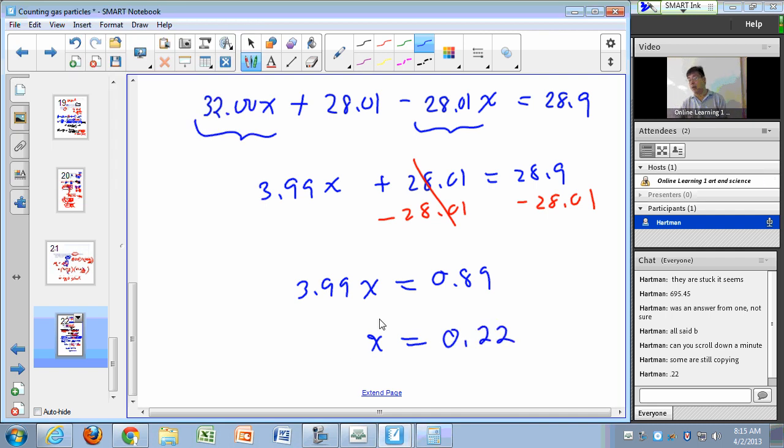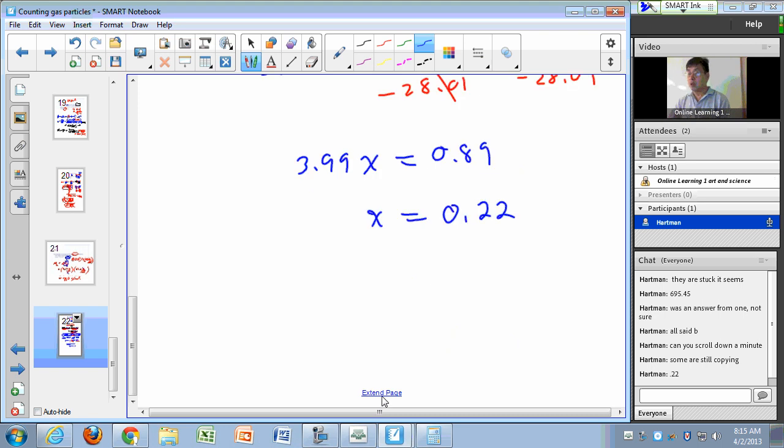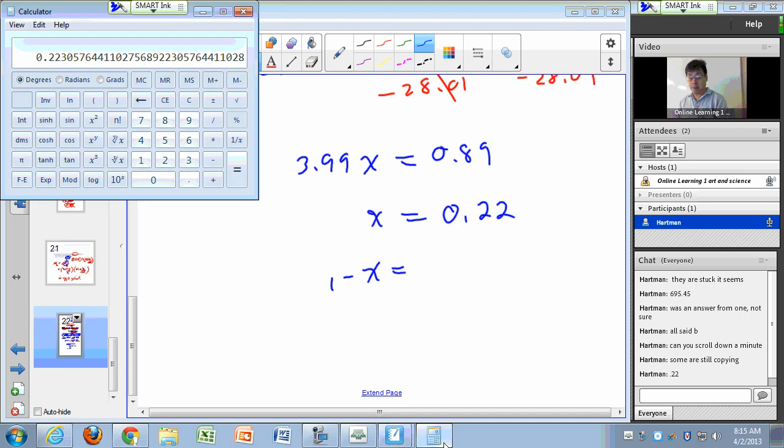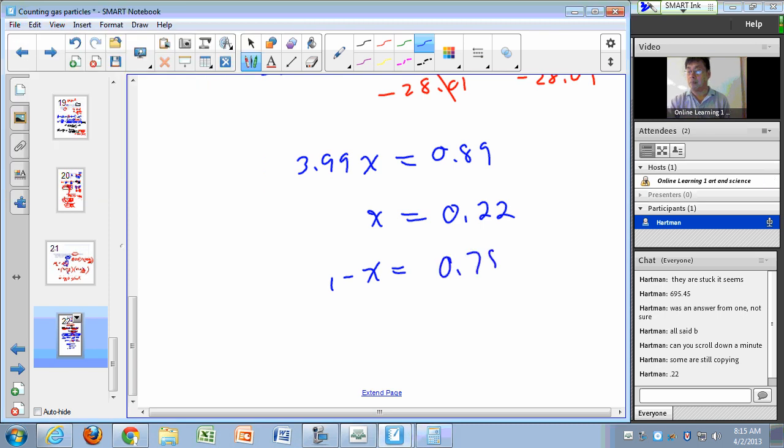Very good. So the mole fraction of oxygen is 0.22. Then 1 minus x would be 1 minus 0.22, which is 0.78. So air, we say, is 78% nitrogen.